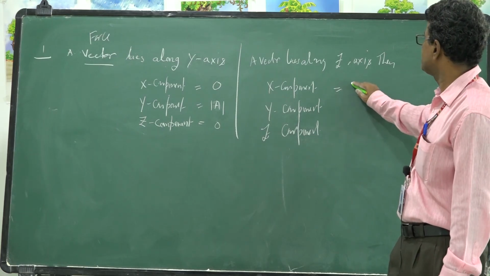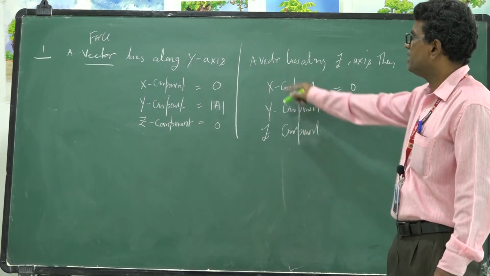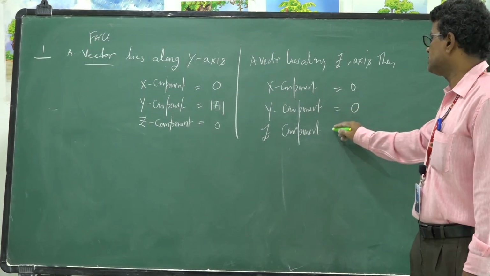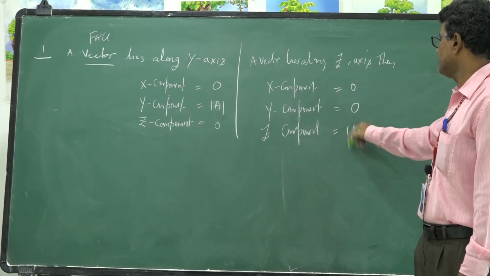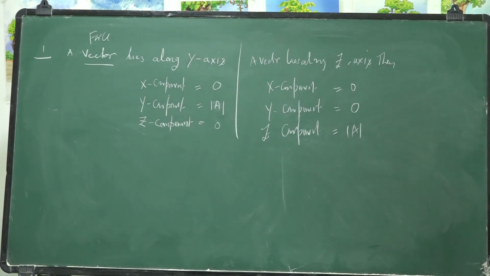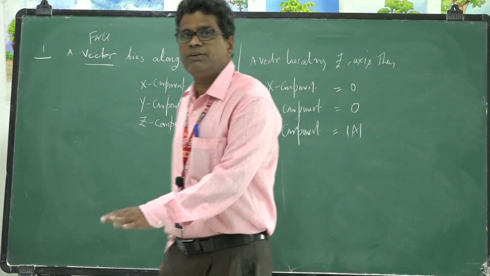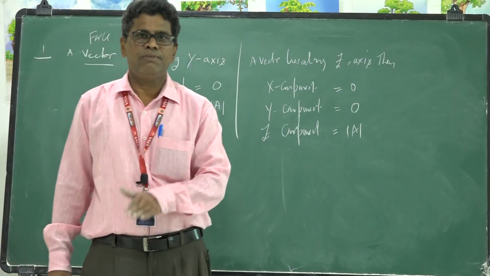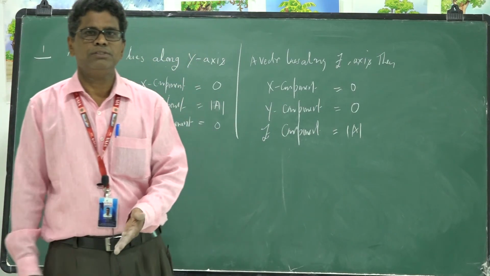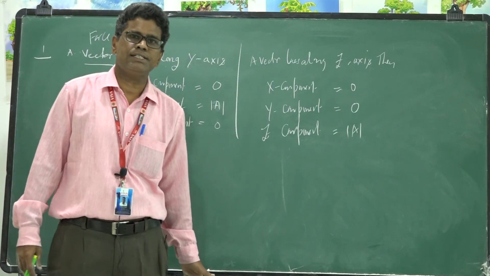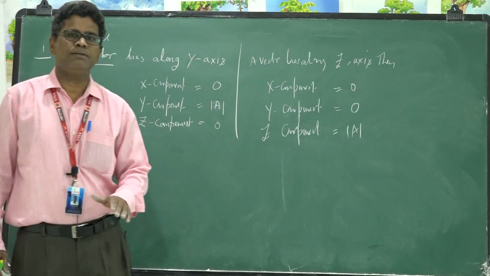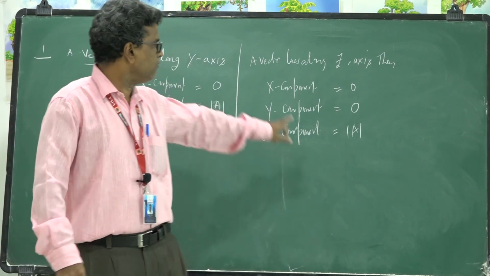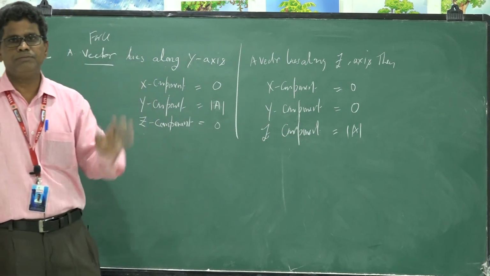The x component is 0 because the vector lies along z axis. The y component is also 0. The z component is the magnitude of the vector. So what we can conclude: if a vector lies along x axis, its y and z components become 0. If a vector lies along y axis, its z and x components become 0. If a vector lies along z axis, its x and y components become 0.